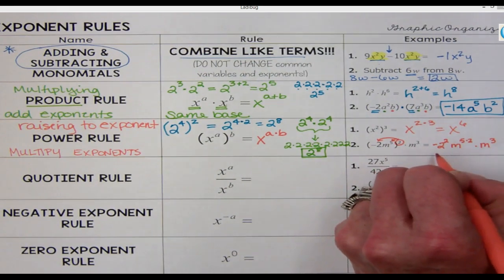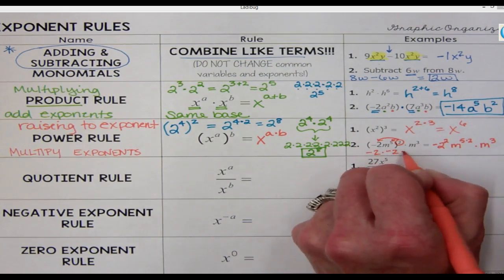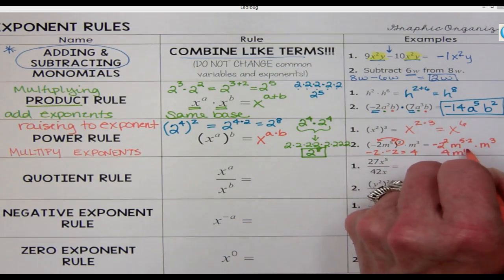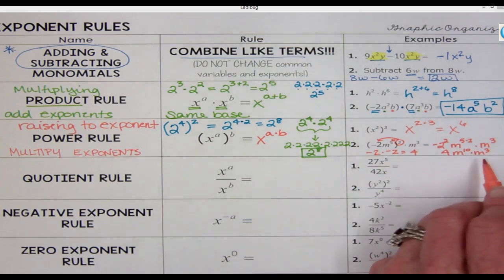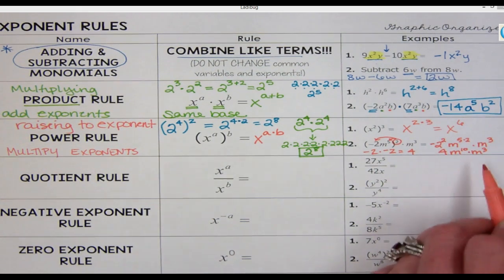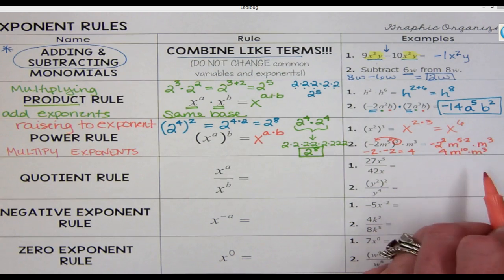Negative 2 times negative 2 is going to give me positive 4. So I get 4m to the 10th times m to the third. Now I'm not using the power rule anymore. I'm using the product rule because I've got the same base and I've got exponents.